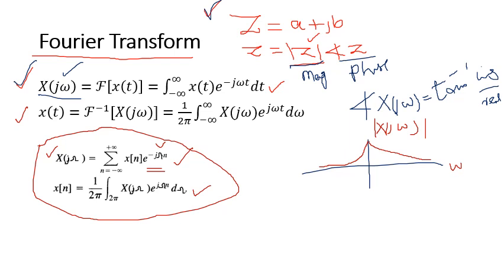So this is your time domain signal, and you are transforming it to the frequency domain. And this is the frequency domain signal, and you are transforming it to the time domain, right? So this is the analysis equation for the discrete time aperiodic signal, and this is the synthesis equation for the discrete time aperiodic signal.